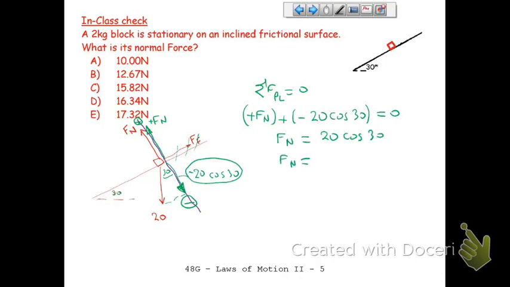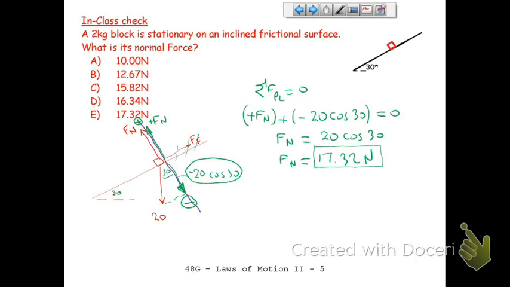I actually got my calculator while we're on break. 20 cosine 30, hold on, I've got to put my glasses on to see. Am I in degrees? Yeah. 17.32. Done.